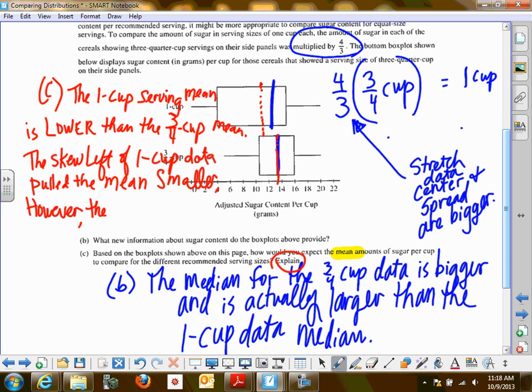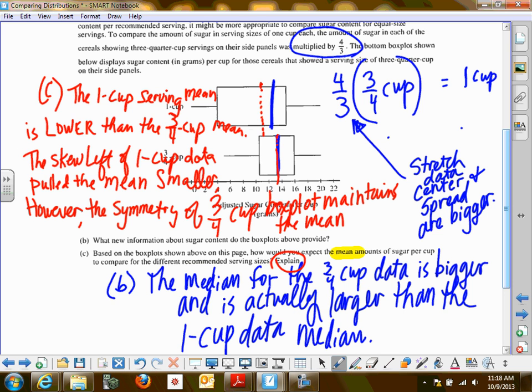However, the symmetry of the 3/4 cup box plot maintains the mean with the median. Okay, that's hard to read, and sorry it looks like a bunch of jumbled up stuff, but that is full representation that you know what's happening and you know why that is happening that way.